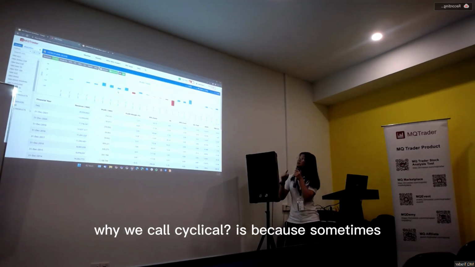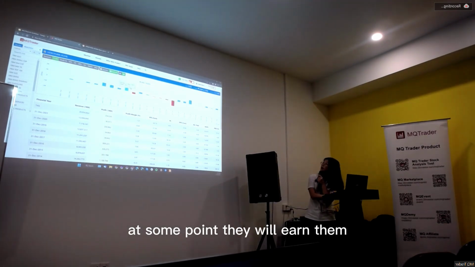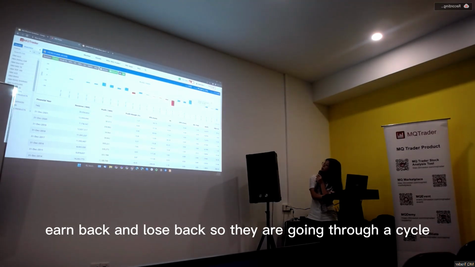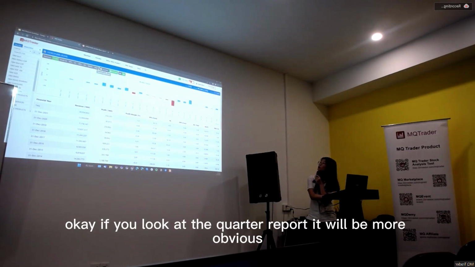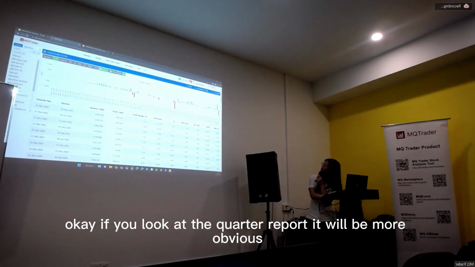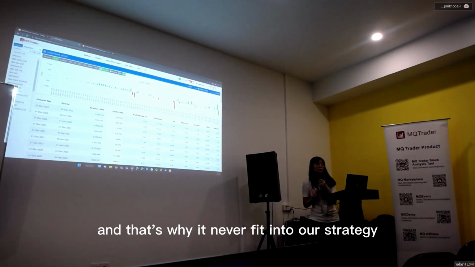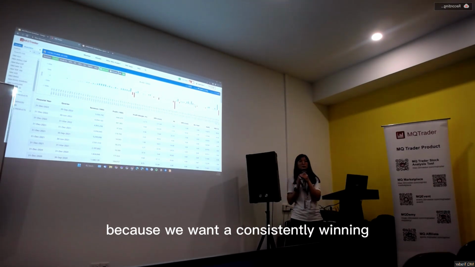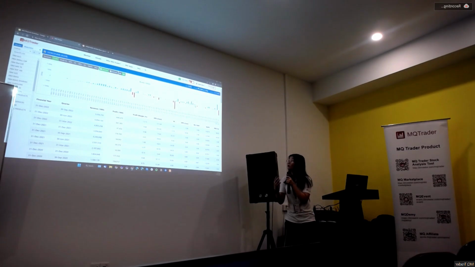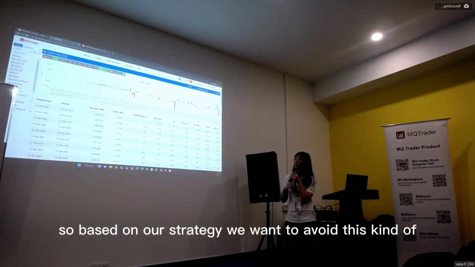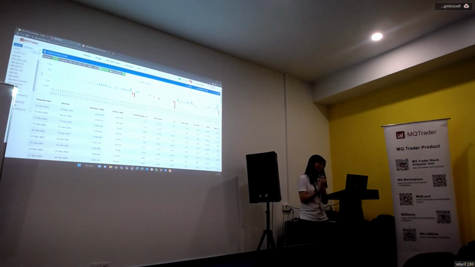What we call cyclical is because at some point they will earn, at some point they will lose, and then they earn back, and lose back. They are going through a cycle like that. If you look at the quarter report, it will be more obvious. Up, down, up, down, up, down. That's why it doesn't fit our category, because we want a consistently winning trade. We want a consistently profiting company as well. So based on our strategy, we want to avoid this kind of company.